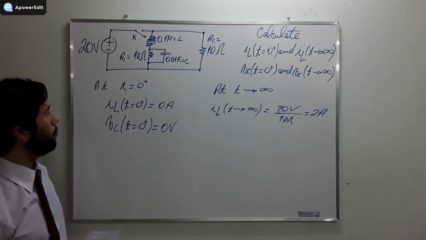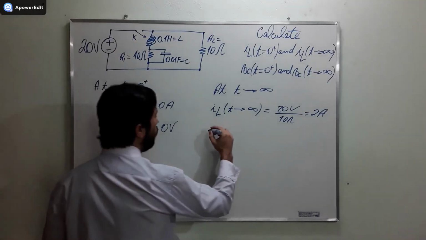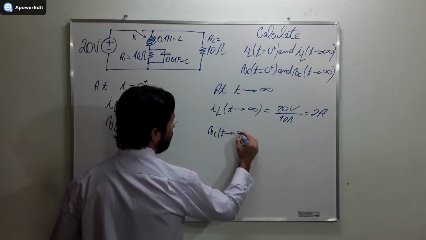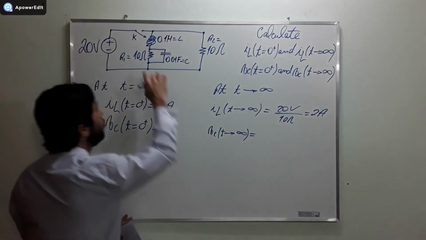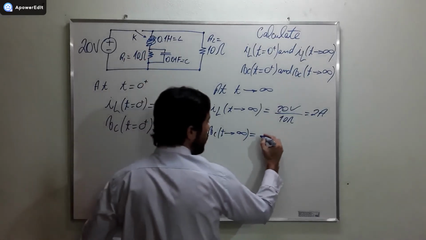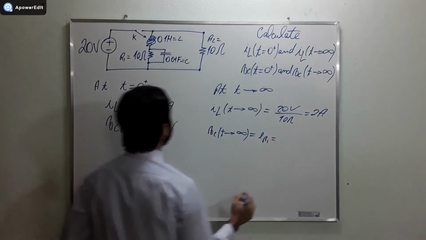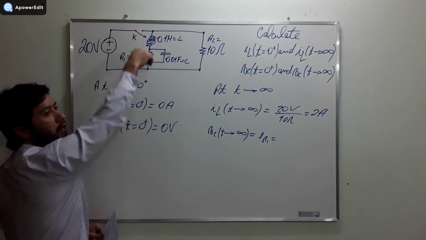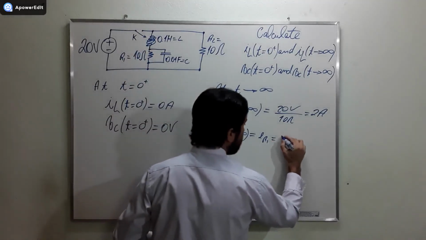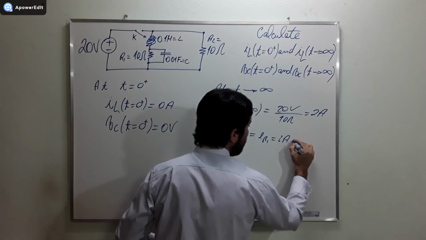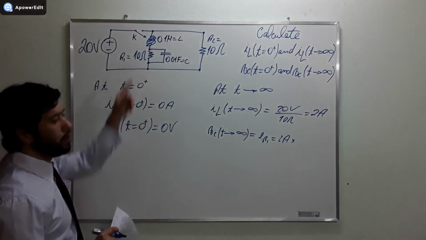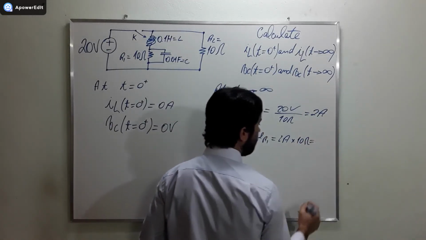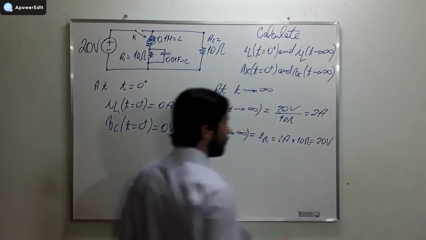Then what happens is that the voltage across the capacitor at t going to infinity is also equal to the voltage over R1, which is equal to 2 amperes, because we discovered that the current here is 2 amperes, times the resistance, 10 ohms. And this is equal to 20 volts.